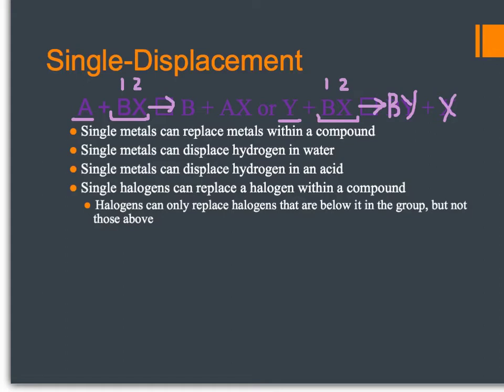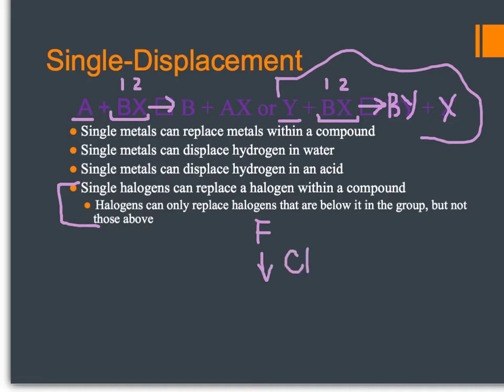Metals will often displace whatever the other metal is, right? The cations will replace the cations. Or if it's this example with the anion, a lot of times the displacer, or the anion that's doing the replacement, is a halogen. Halogens are very reactive, as you know, and the top halogen, which is fluorine, is the most reactive, and it can replace any halogen below it.